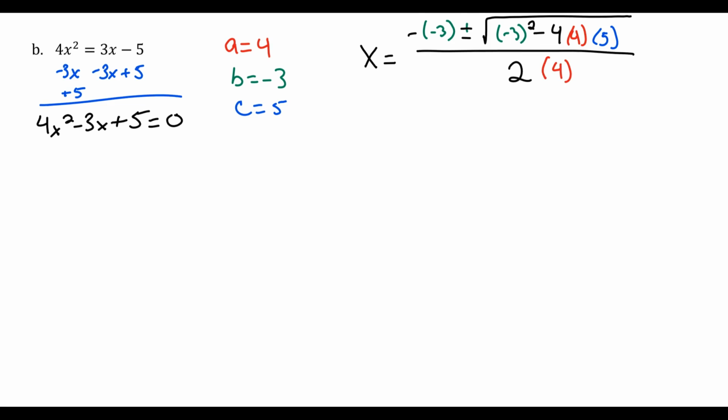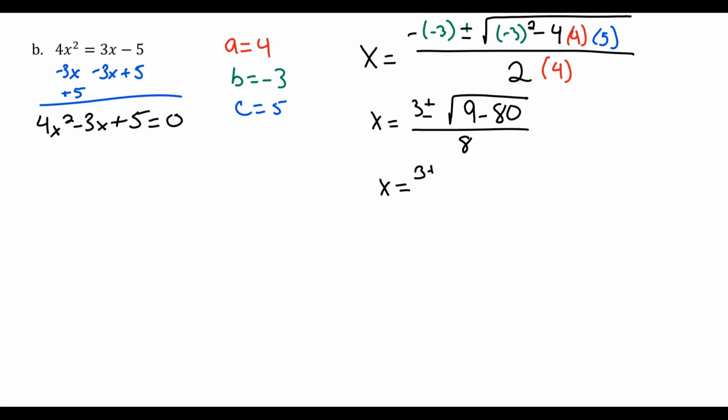Now I can start simplifying. Notice, negative and negative, that becomes a positive 3, plus or minus. Negative 3 squared is a positive 9. Negative 4 times 4 is a negative 16. Times a 5 is a negative 80. I'm going to take the square root of that. 2 times 4 is 8.